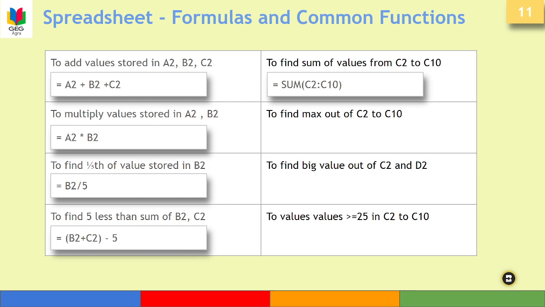So I have included a range from cell address C2 to cell address C10. Similarly, to find the maximum value from the range C2 to C10, the formula is equal MAX C2 to C10, which will find the maximum value among C2, C3, C4, C5, C6 up to C10.